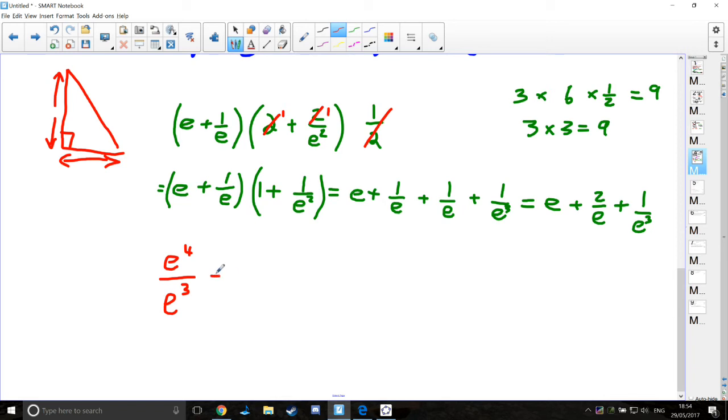Let's do the same thing with the middle part. I want this to be over e cubed. So I'll times by e squared over e squared. That gives me e squared over e cubed. And let's not forget that 2 there. And that thing's just the same. That's still 1 over e cubed.